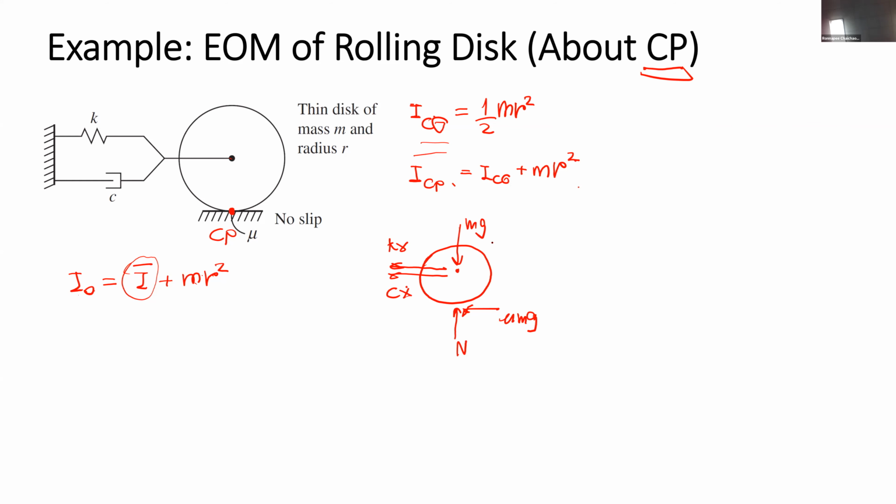And this is rotated clockwise, with the angular displacement described by theta, because this is moved to the right-hand side with x and x dot.